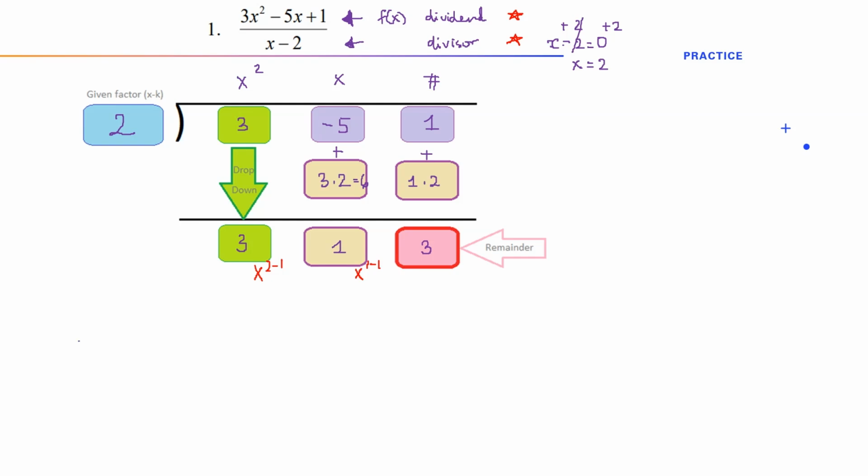Let's write it down. So f of x equals 3x squared minus 5x plus 1, and that equals the divisor x minus 2 times 3x plus 1, plus 3 as the remainder over x minus 2.